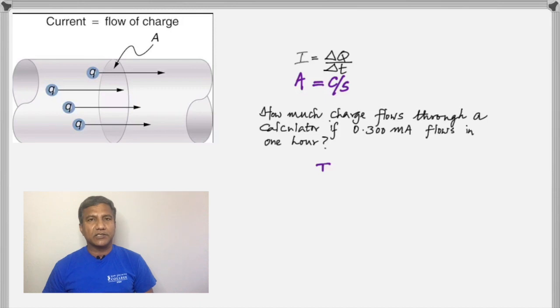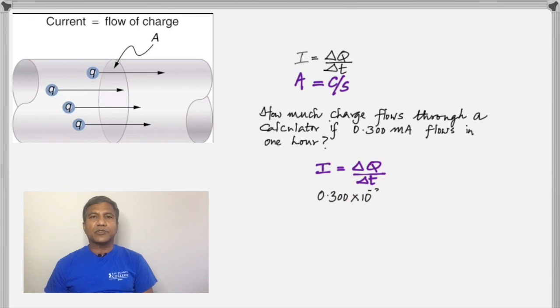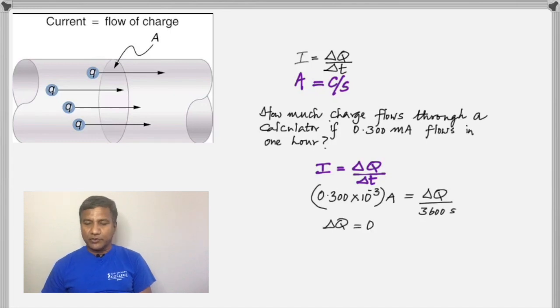in order to change it into ampere, and then directly use it in the formula I is equal to delta Q by delta T. And so when you plug in the values, here I've changed the milliampere into ampere, and then you get delta Q by 3600 because 1 hour is 3600 seconds.